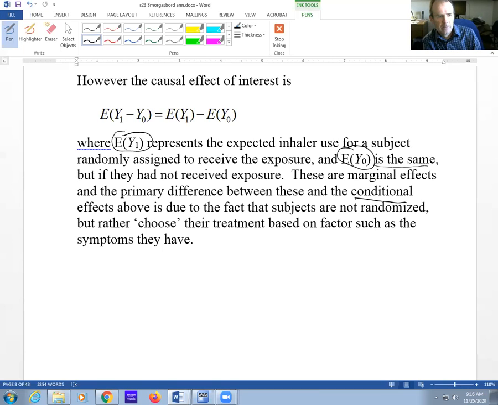So this gets into the area of what we call counterfactuals, where we only observed one situation, but we really want to observe both. We want to observe the inhaler use when they did receive the exposure, and then an alternative world where they didn't, okay? And we didn't observe that, but we want to observe those situations. We take the difference to see the actual effect that inhaler use had.